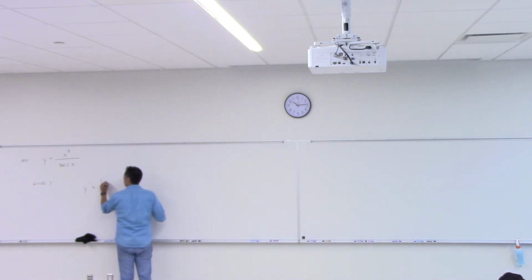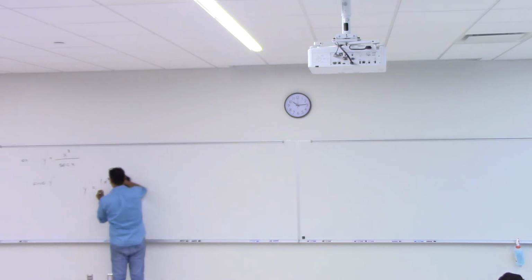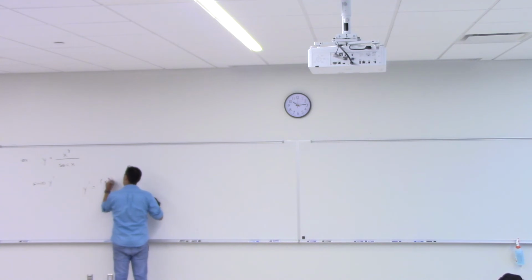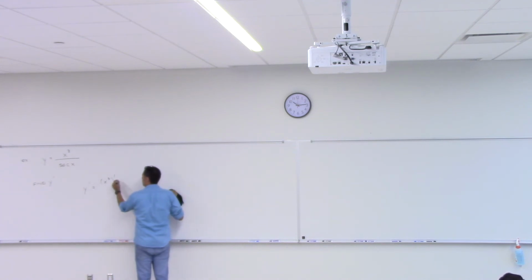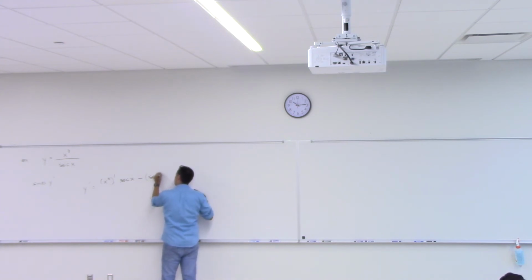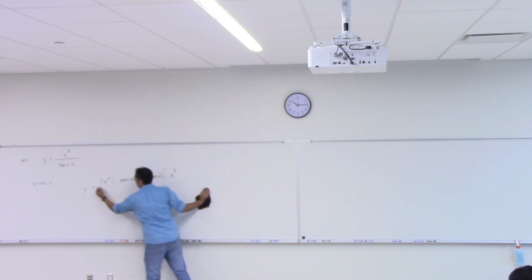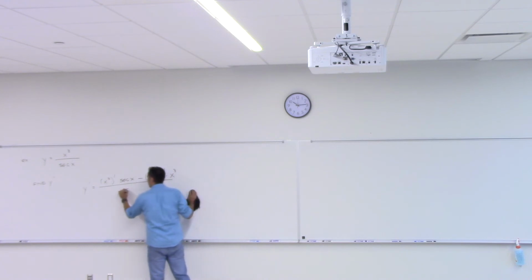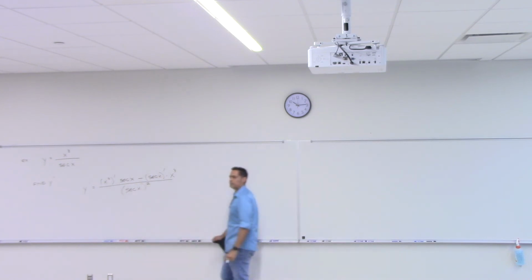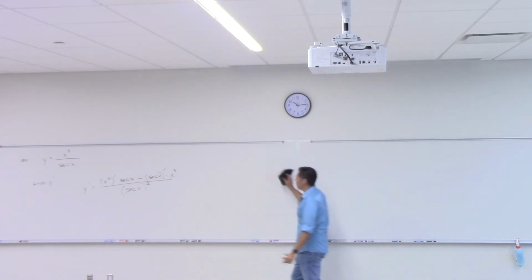Take the derivative of x cubed, times the bottom, minus the derivative of the bottom multiplied times the top without a derivative, and then all of that over the bottom function squared. That's it. We just need to calculate some derivatives.